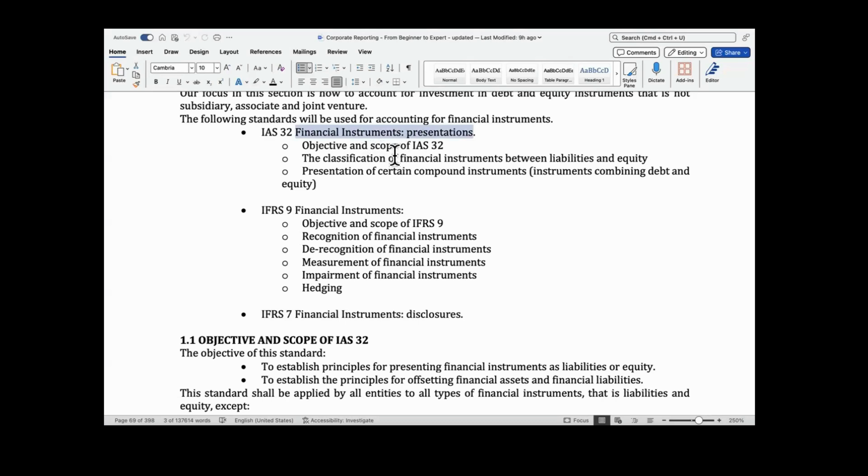It is this standard that will teach us how to classify a financial instrument into liability or debt and equity. So this is my focus for tonight. Your ability to see a financial instrument and be able to say, okay, this is a debt instrument. Oh, this is an equity instrument. This is what we want to learn tonight. Next week, I'll be looking at compound financial instruments.